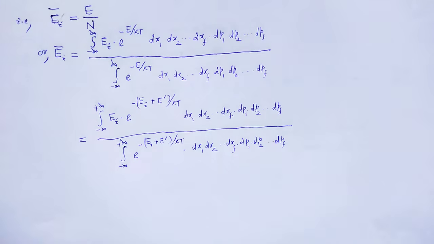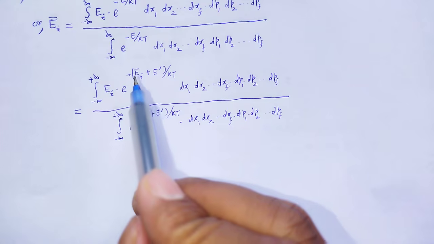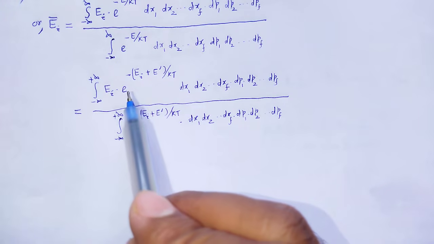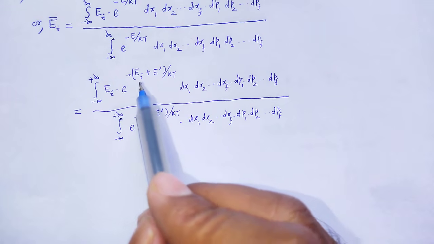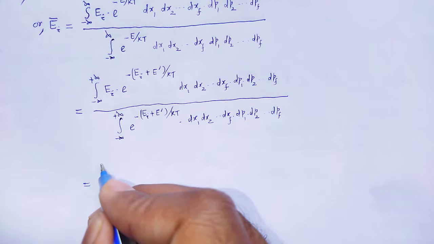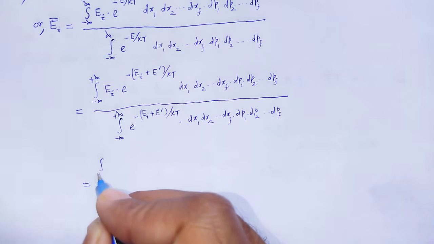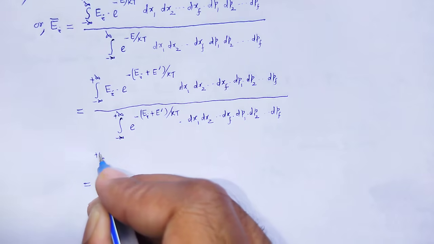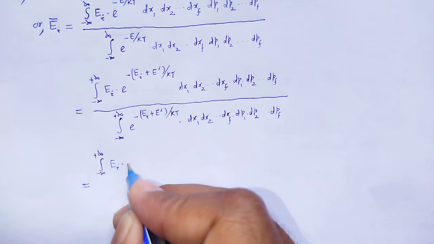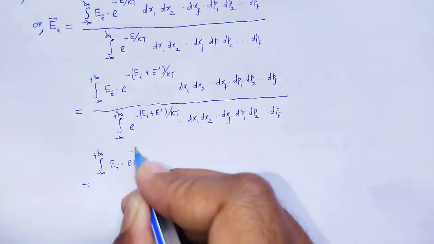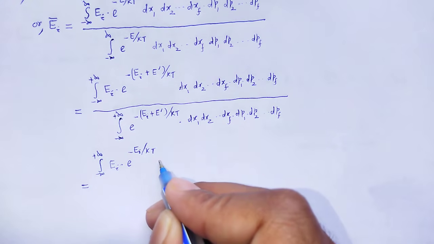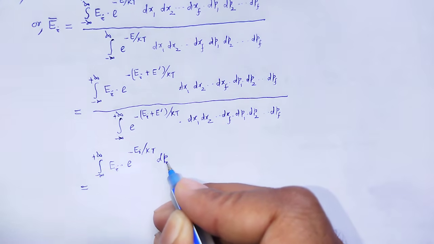Now separating the terms, as we say EI is the ith particle having the momentum pi, so we can separate it as the integral from minus infinity to plus infinity EI into e to the power minus EI divided by kt with respect to dpi.